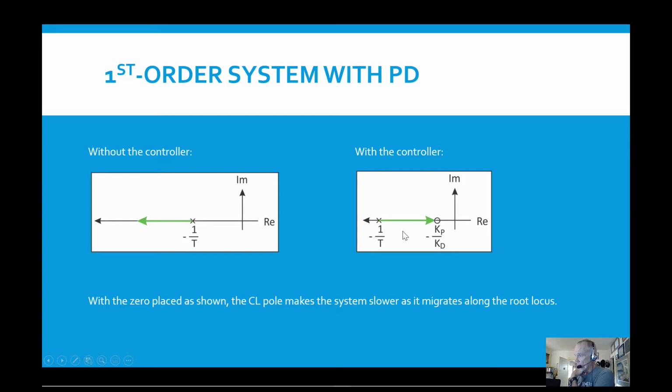In this particular case, if I put negative Kp over Kd between the origin 0 and negative 1 over T, the root locus will go this way, and as you turn that gain up, it will actually make the system get slower and slower and slower, because remember on a root locus plot of the complex plane, if you go towards the origin, you're getting slower.